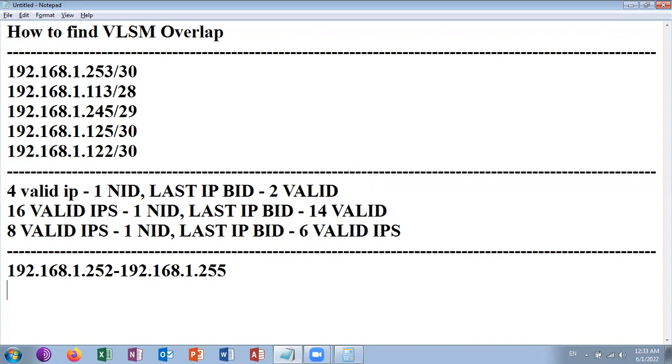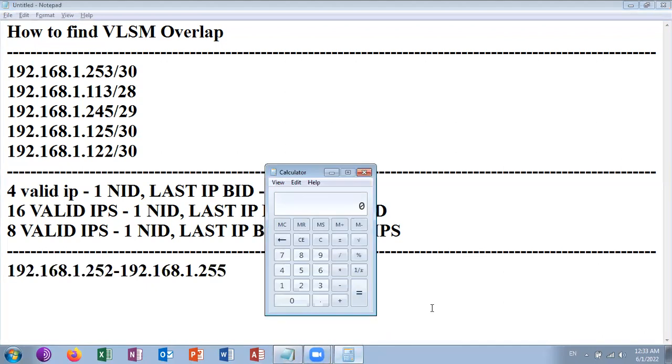So next is the /28 series. In this series we have a range of 16. So 0 plus 15 will be the first range. Next you continue adding 16 until you reach 112.